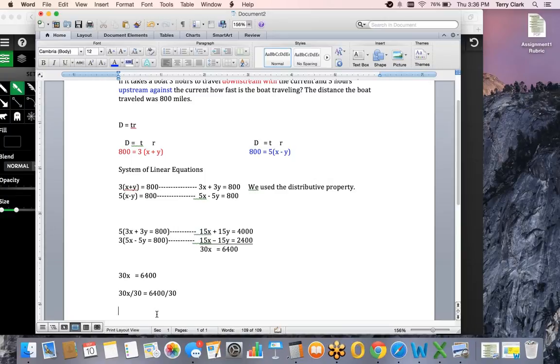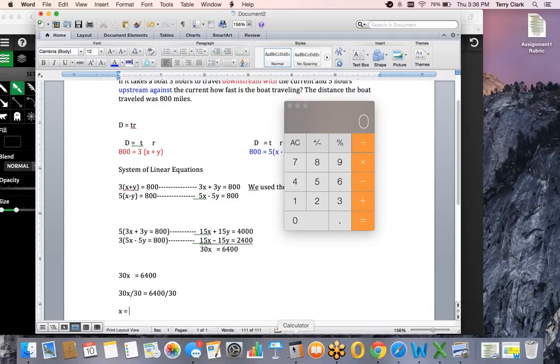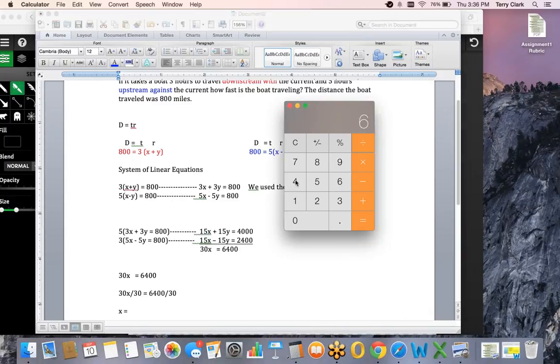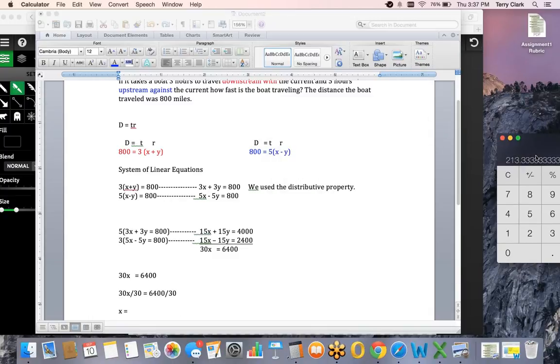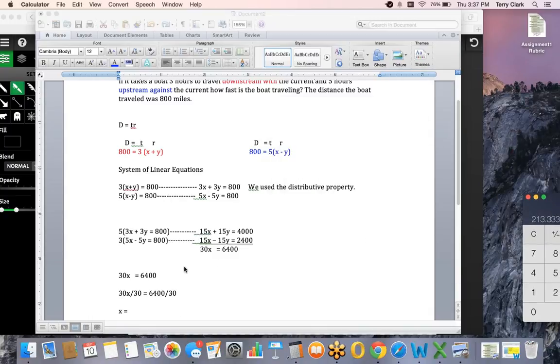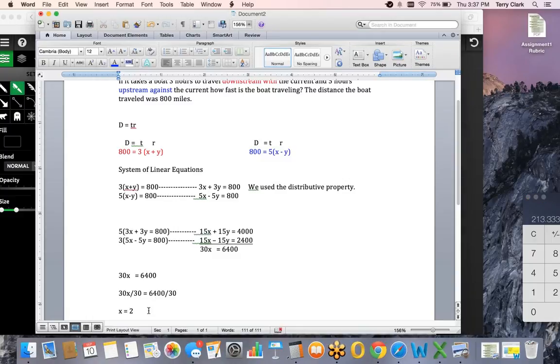So that's going to give me x equals, I pull that back up, 6,400 divided by 30. So that gave me, all right, I'm going to put that over there to the side. So that's going to be 213 and 1/3. Okay, so that's what x equals.